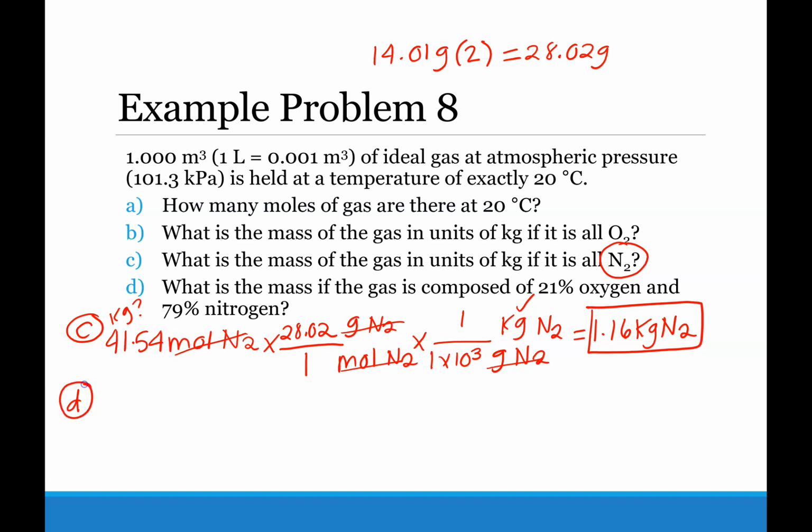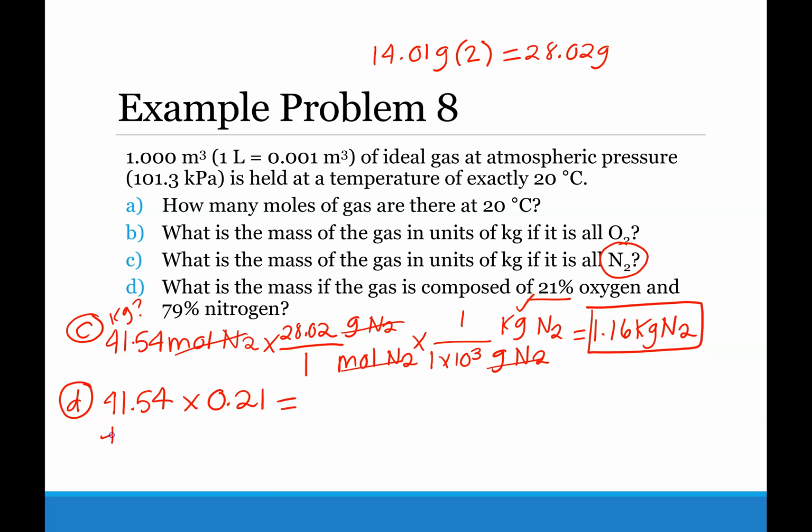Part D asks us what is the mass if the gas is composed of 21% oxygen and 79% nitrogen. So we need to take 41.54 and then multiply that by 21%, so 0.21.